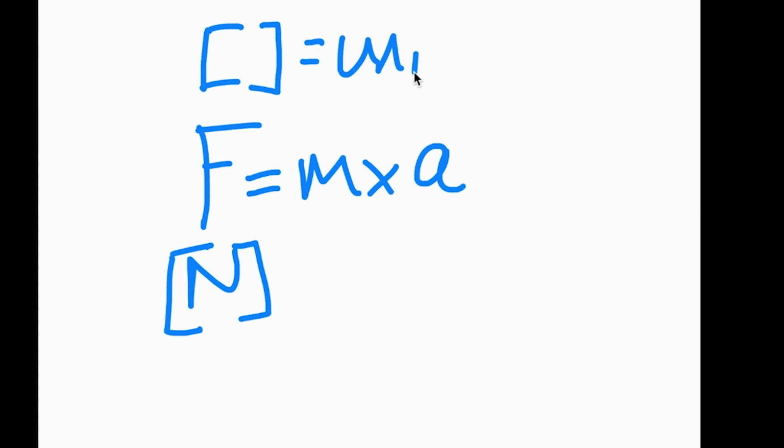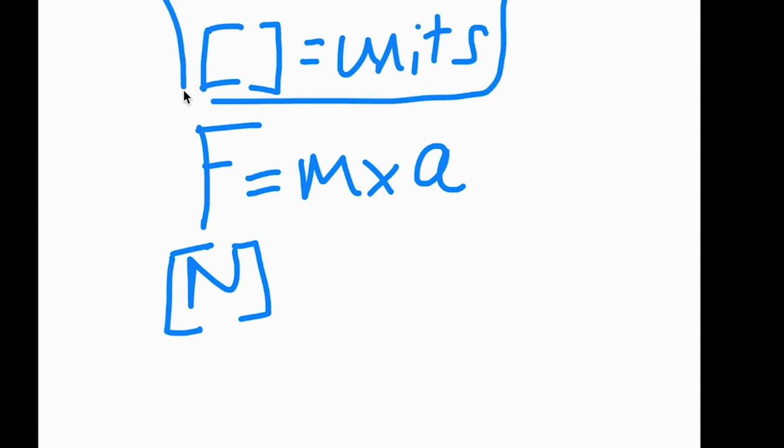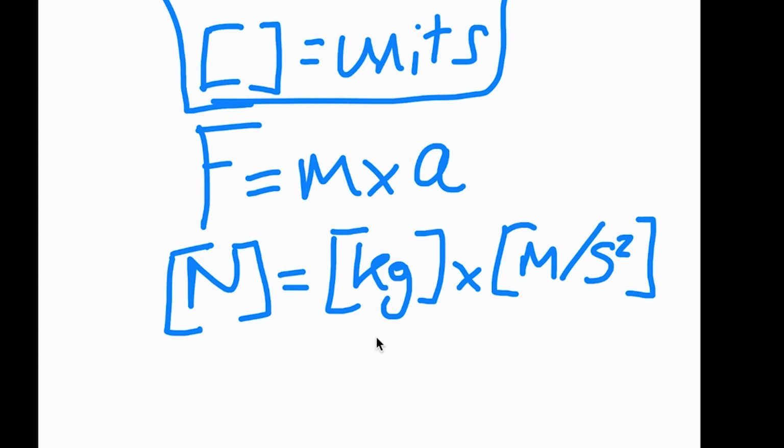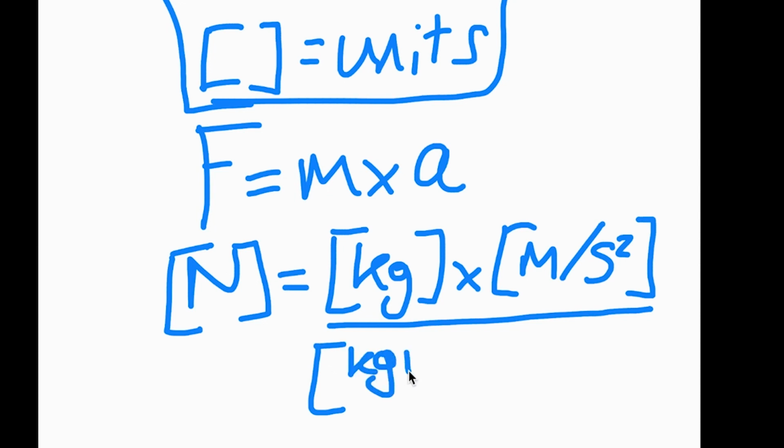Notice that I'm going to show here that we use square brackets throughout the video in order to show units, and that's often how I will show units when discussing physics concepts, or any mathematics concepts really for science. When you consider mass has units of kilograms, and acceleration has units of meters per second squared, you can see that newtons is equal to kilograms multiplied by meters per second squared.